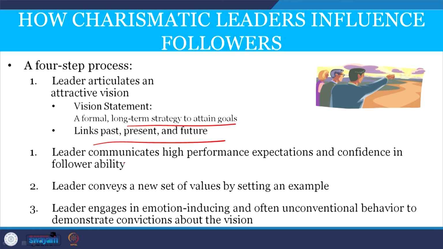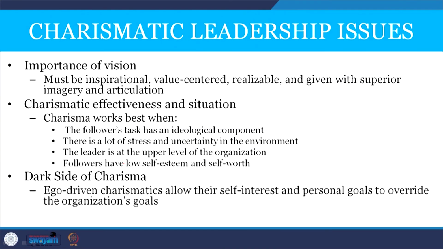The leader conveys a new set of values by setting examples, and they also engage in emotional enhancement of subordinates and often unconventional behavior to demonstrate convictions about the vision. So, they have a strong sense of belief, conviction and confidence about the vision.